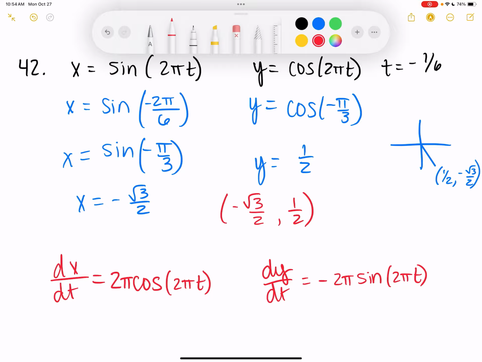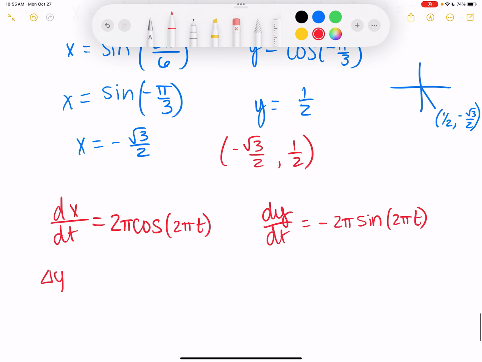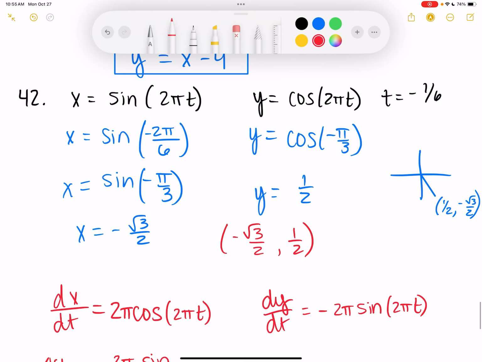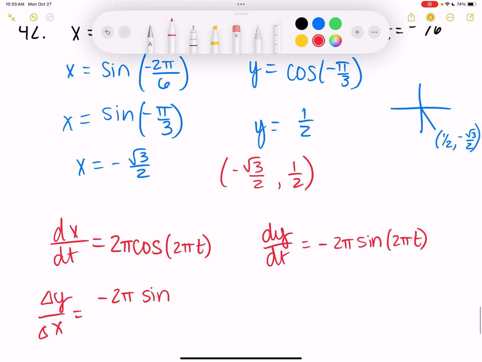So still same thing, even though obviously it's a trig function, I'm still setting this up as the change of y over the change of x. So negative 2 pi sine of, I'm going to go ahead and plug in the number. Negative 1 over 6 is going to cause that to become inside negative pi over 3.